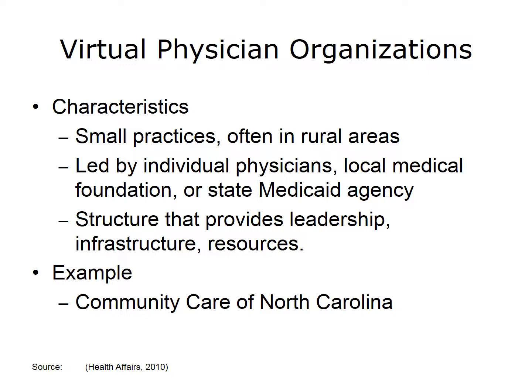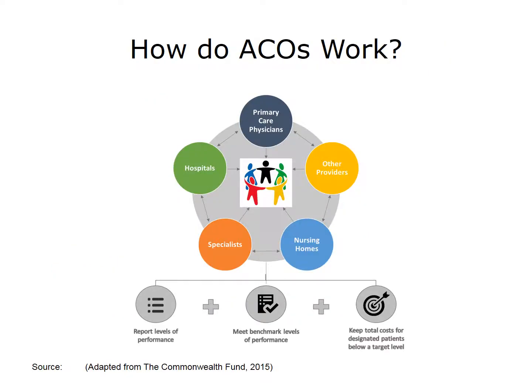Next, we will discuss how ACOs work. ACOs bring together a group of providers, as shown in the figure. For example, hospitals, primary care physicians, specialists, nursing homes, and other providers.